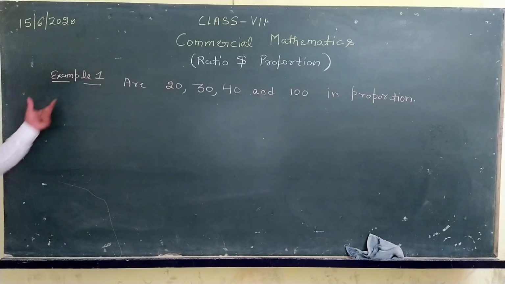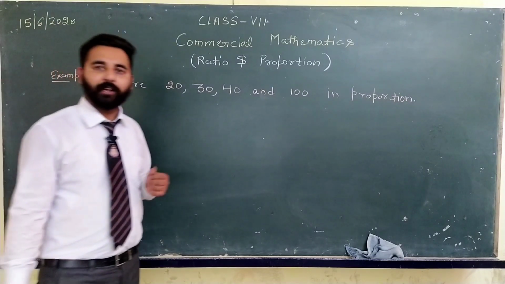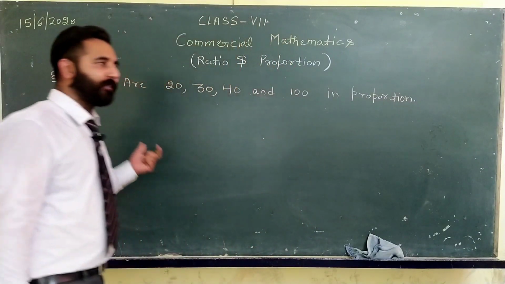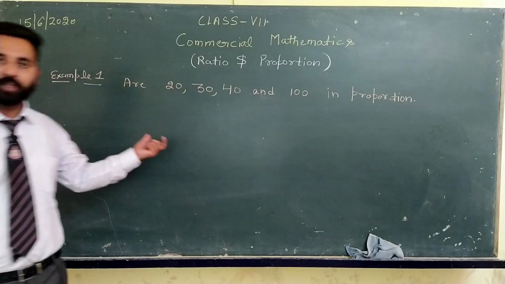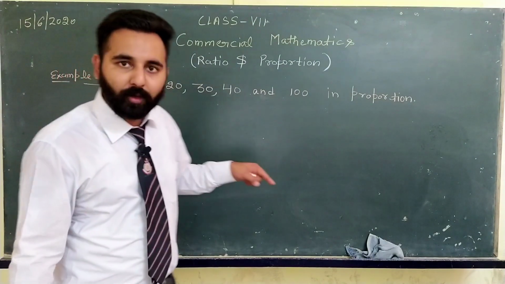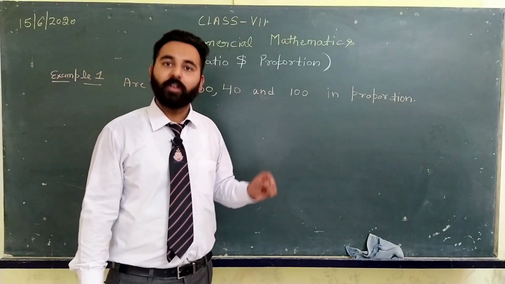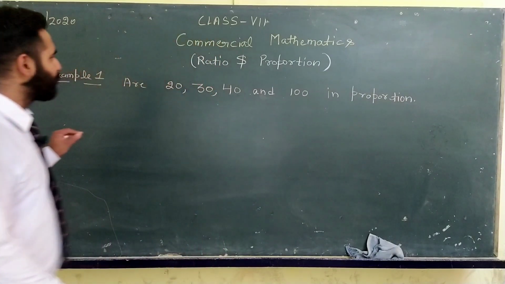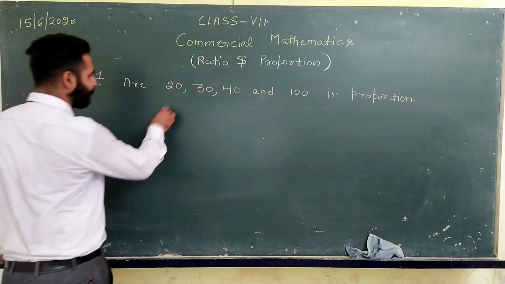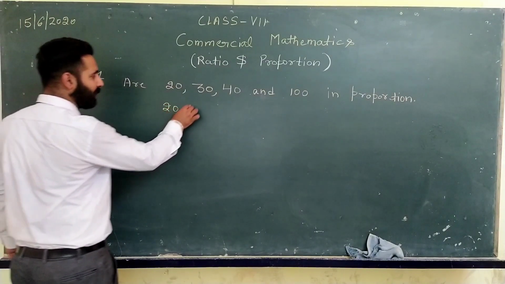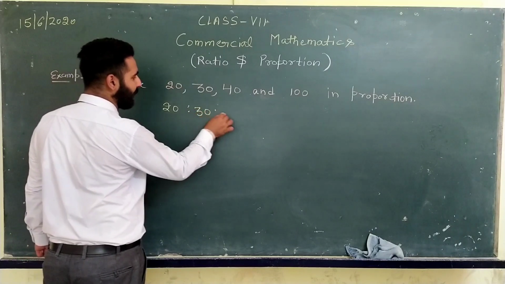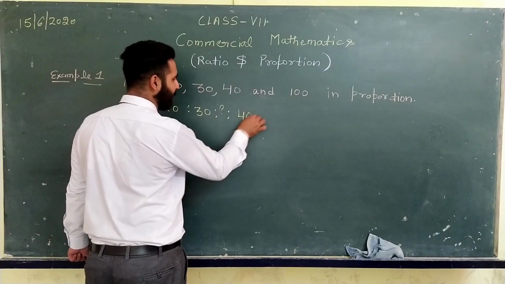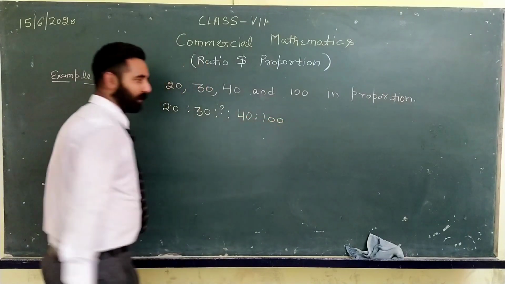So here let us see the first example where I have to check whether these terms are in proportion or not. Whenever you have to check whether terms are in proportion or not, you will use that formula only: product of means is equal to product of extremes. So first of all, I am writing 20 ratio 30, and I have to check whether it is proportionate to 40 ratio 100.